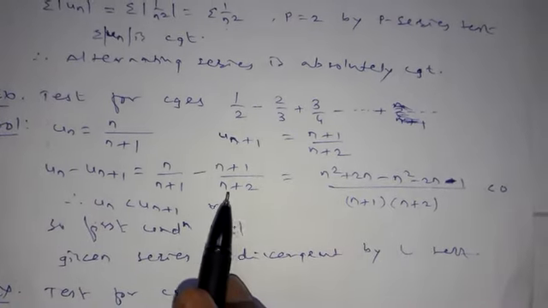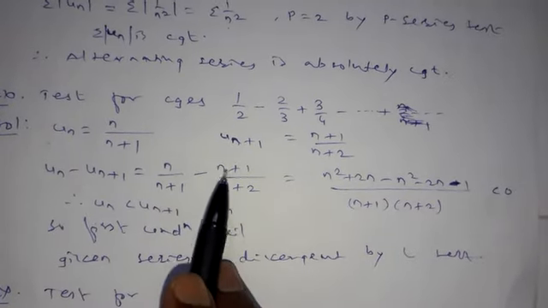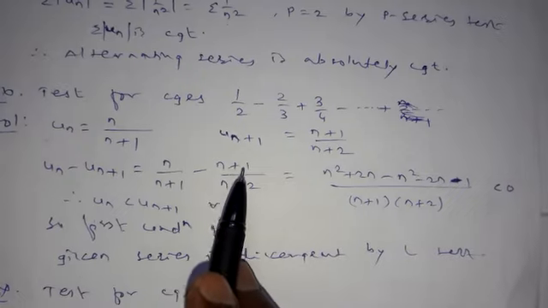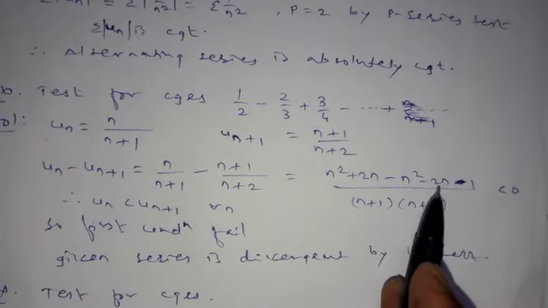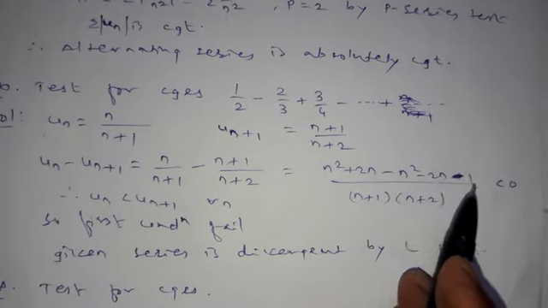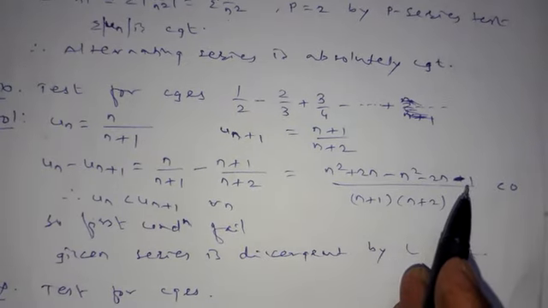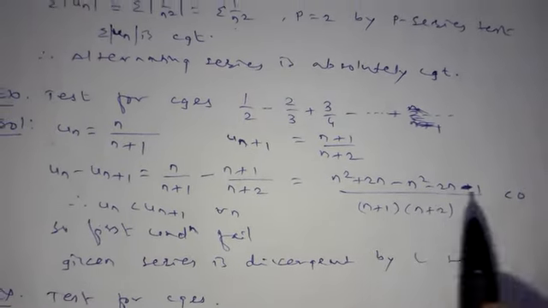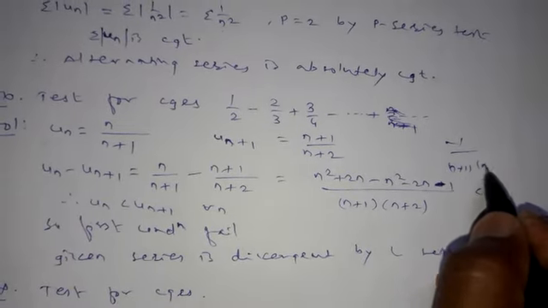Because cross multiplying, n plus 2 into n gives n square plus 2n, then n plus 1 into n plus 1, that is n plus 1 bracket square, so n square plus 2n minus n square minus 2n minus 1. The n square cancels, the 2n cancels. What I get is minus 1 upon n plus 1 into n plus 2.